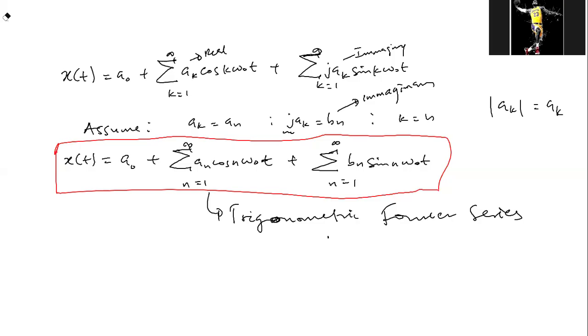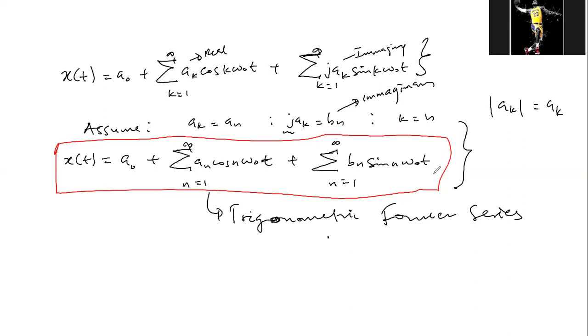What's the use of now transforming it into this form that you call the trigonometric Fourier series? Why couldn't you just leave it at what we got before? Why transform this to this?